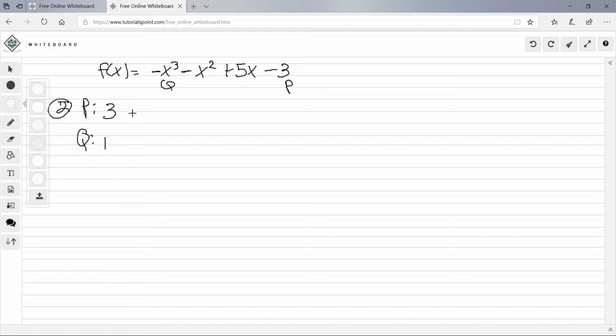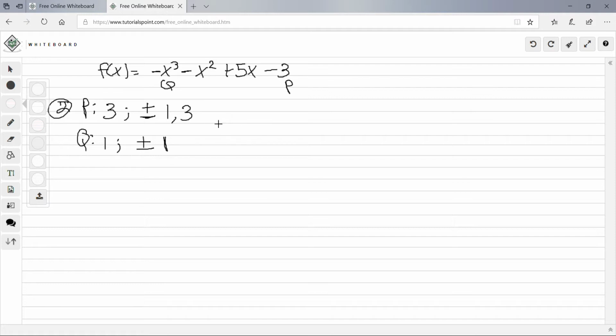So tell me, what are the factors of p, or the possibilities that make up the 3? We can use plus or negative, right? Plus or negative 1 and 3, because 1 and 3 make up the factors of 3. And then what are the factors of 1? We can use plus or minus, because negative is still a possibility, so plus or minus 1.